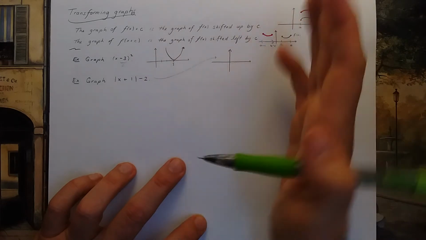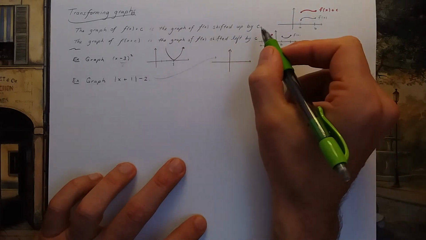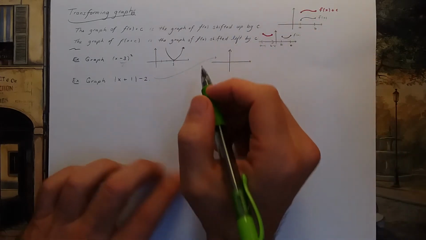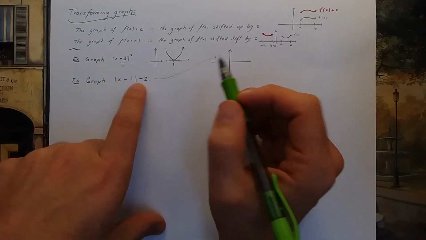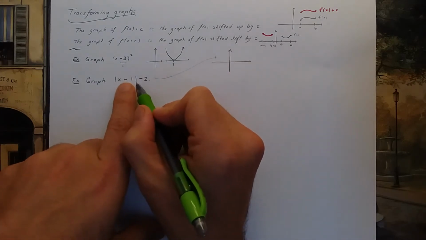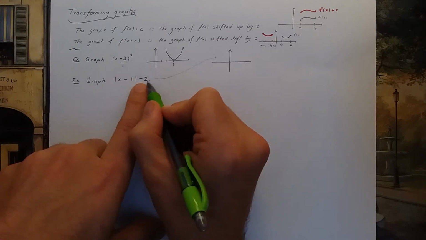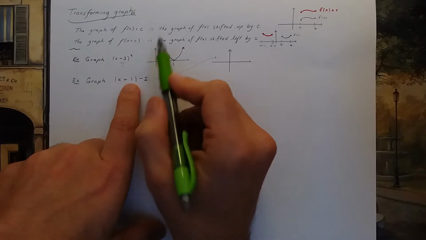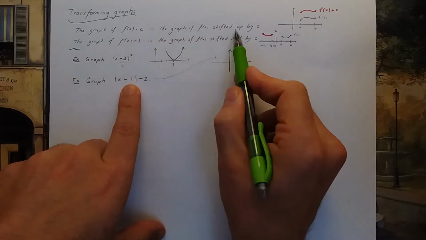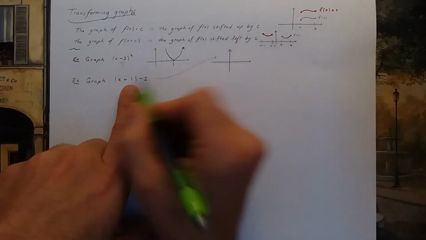I know what the absolute value function looks like. That looks like a v. But in this case, I'm shifting the whole graph over to the left by 1 unit, and then I'm shifting the rest of the picture down by 2 units. So I'm doing both a vertical shift and a horizontal shift.